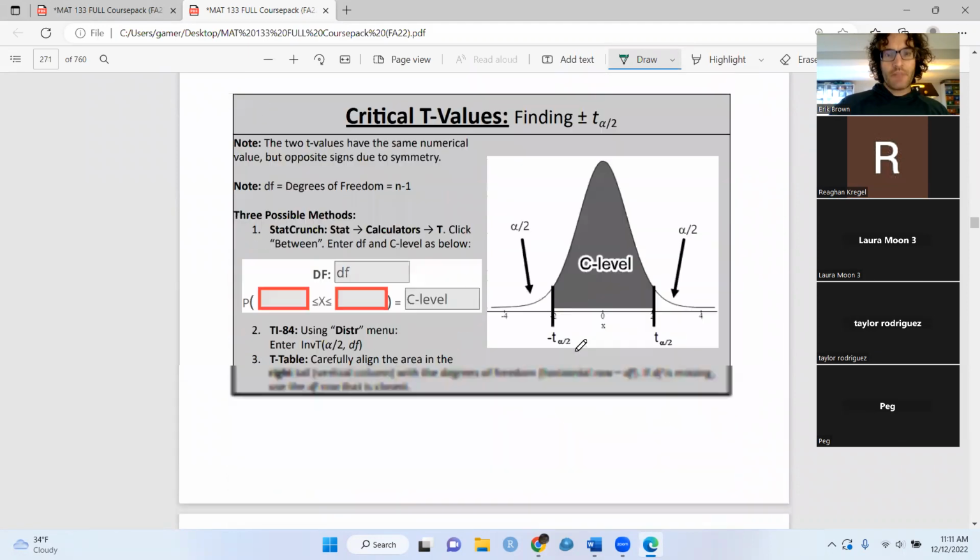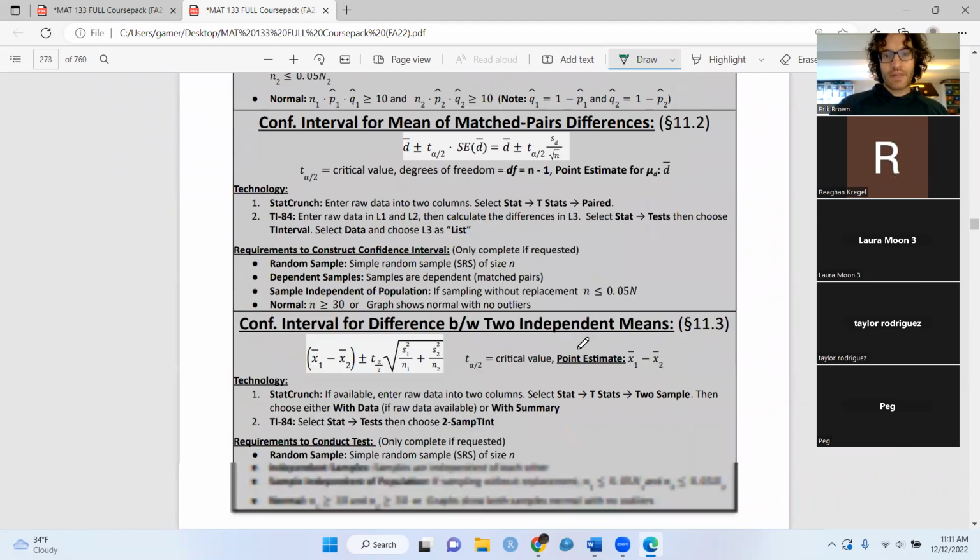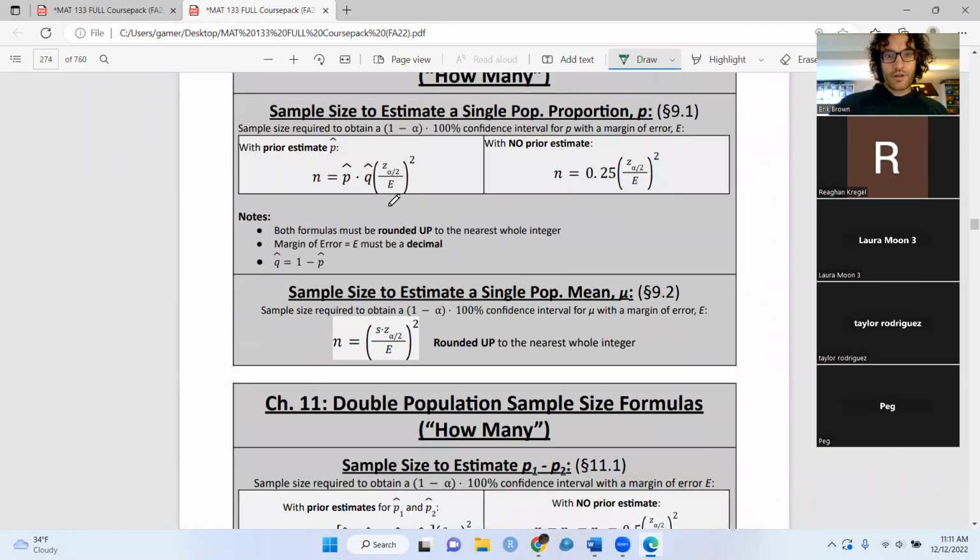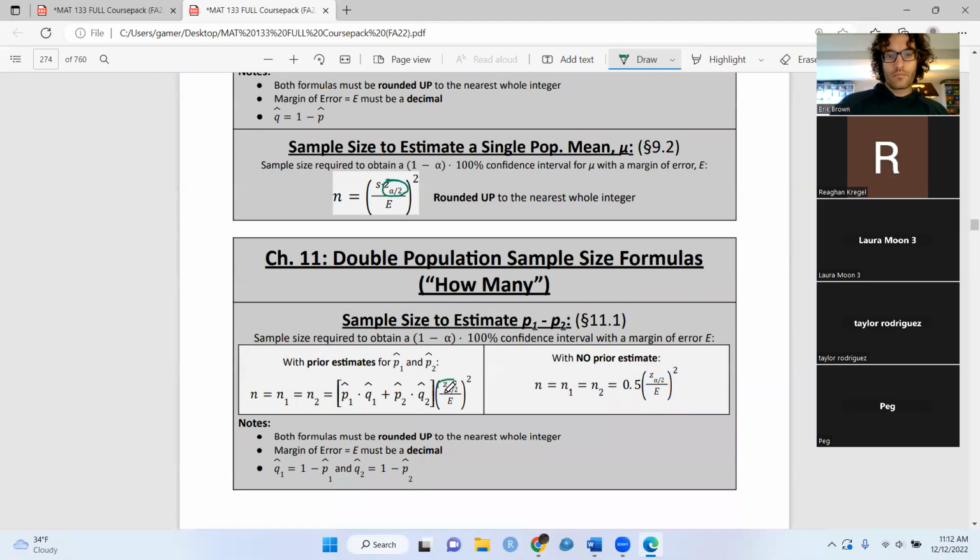When you're calculating the minimum sample size, whether it's a mean or a proportion, you always use the Z. That's the how many. And Z is proportions. Yep.